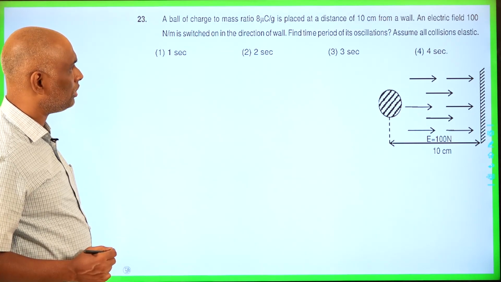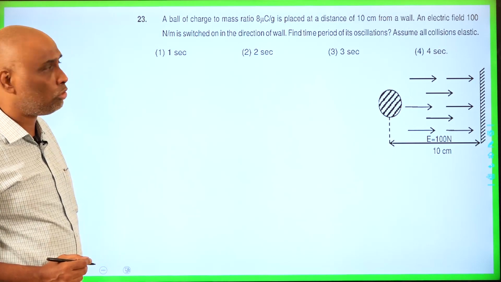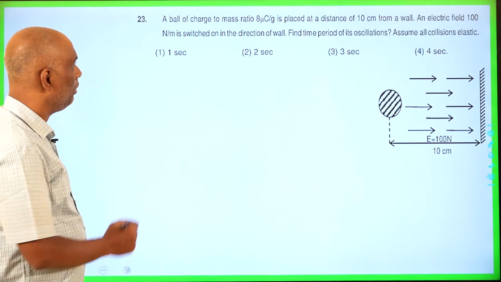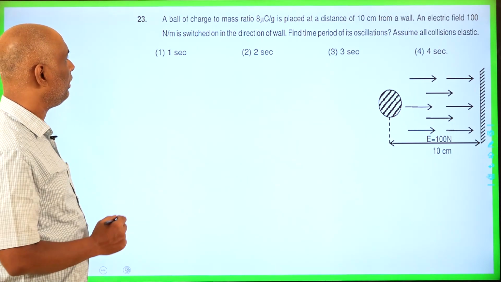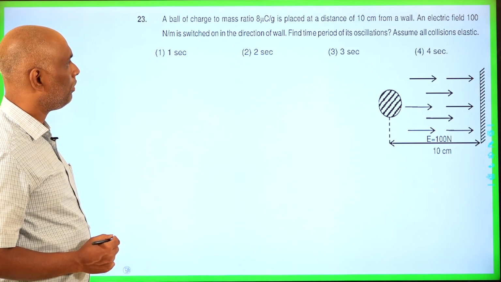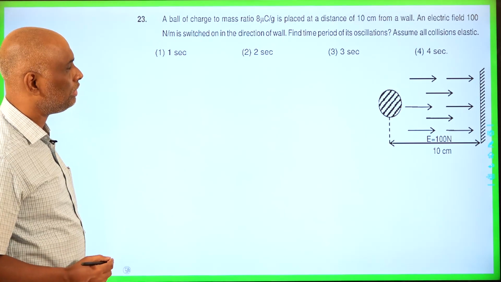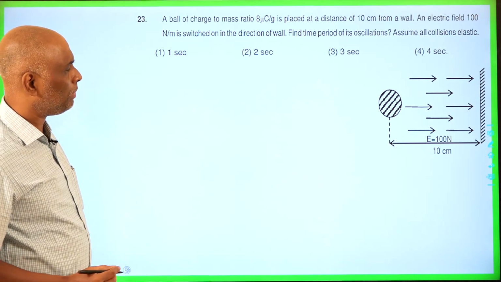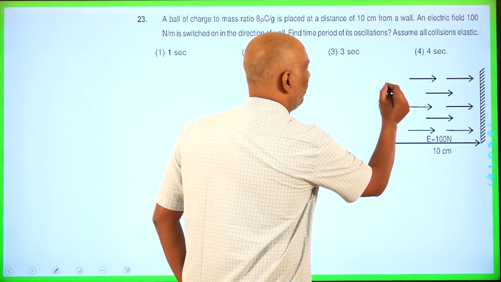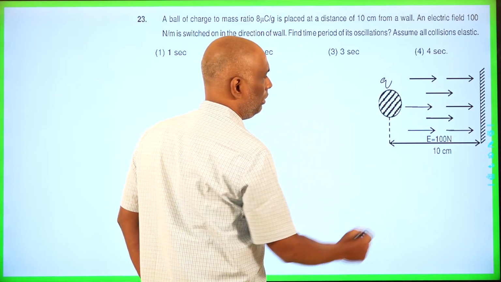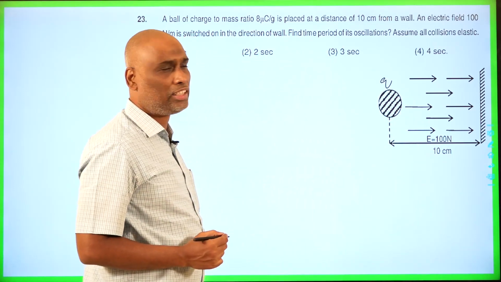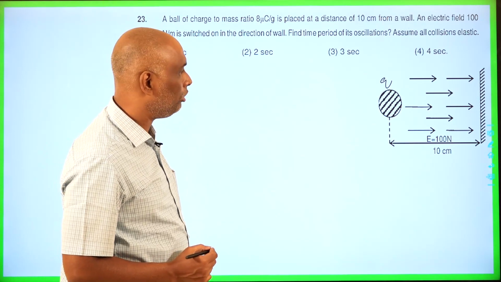Find the time period of oscillation assuming all collisions to be elastic. So, here the charge to mass ratio is 8 microcoulomb per gram. It is placed at 10 centimeter. Let us imagine that the total charge on this object is Q. The electric field applied is E equal to 100 Newton per coulomb.